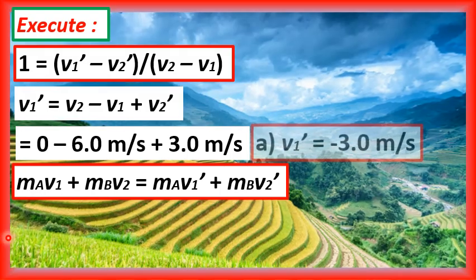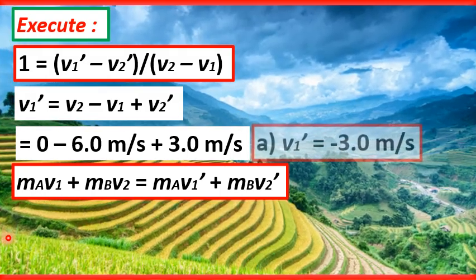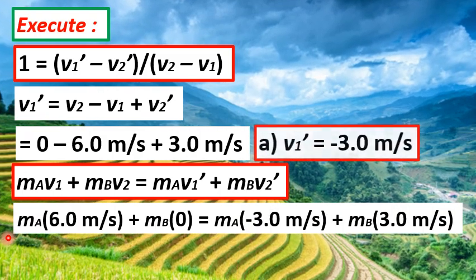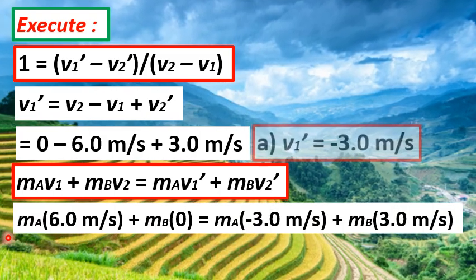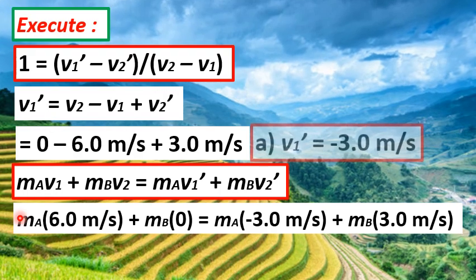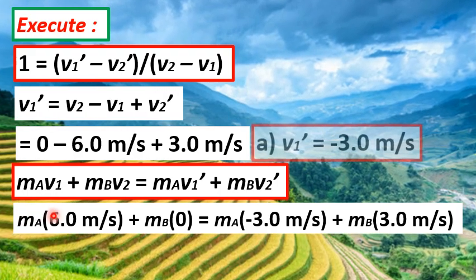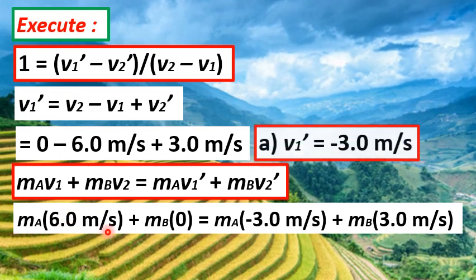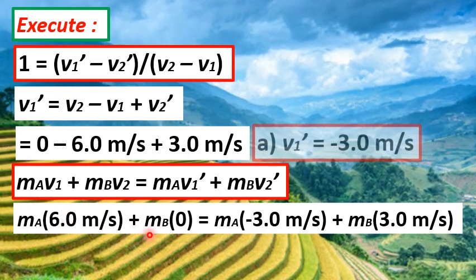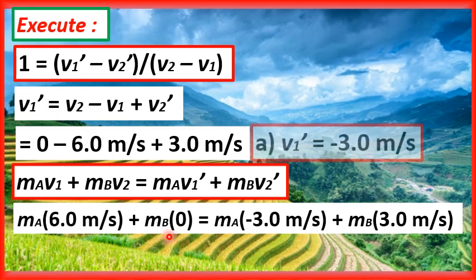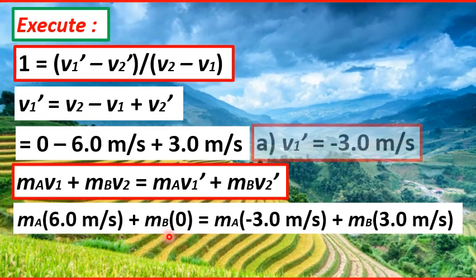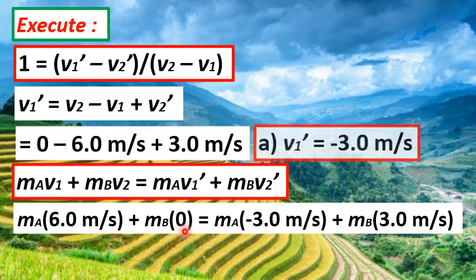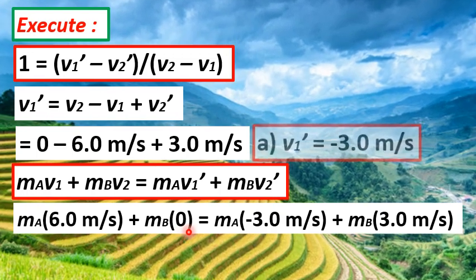So when we plug in the given data into this formula, we have ma, which is the mass of object A, times its velocity before the collision, 6.0 meters per second, plus mb, which is the mass of object B, times its velocity before the collision, which is, of course, equal to 0.